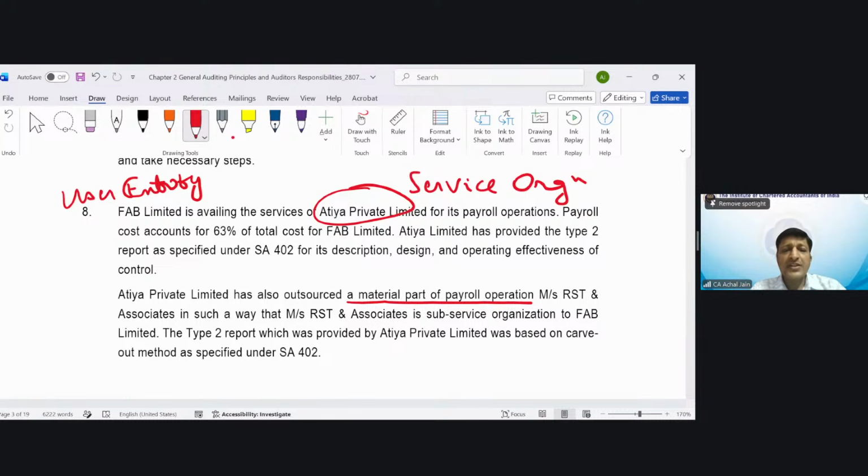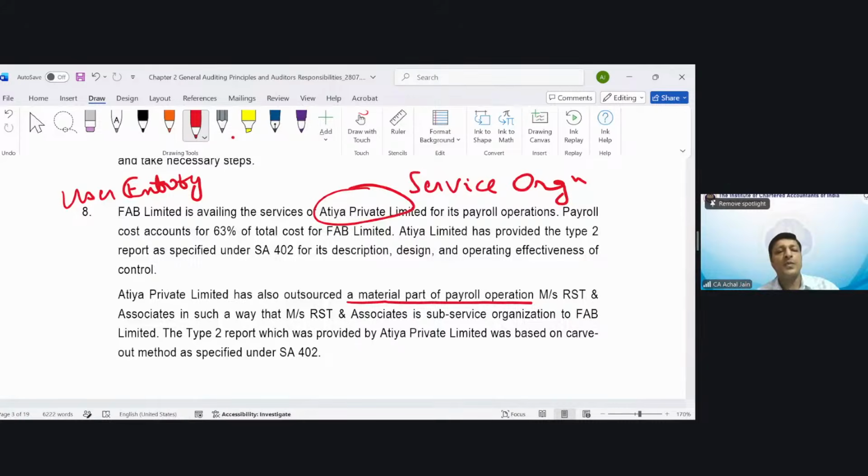RST and Associates in such a way that RST and Associates is a sub-service organization to Fab Limited. So that also seems to be in place. Type 2 report which was provided by AAA was based on carve-out method as specified under SA 402.